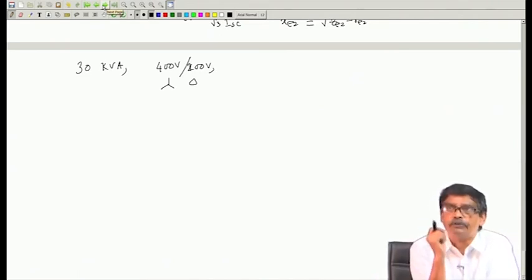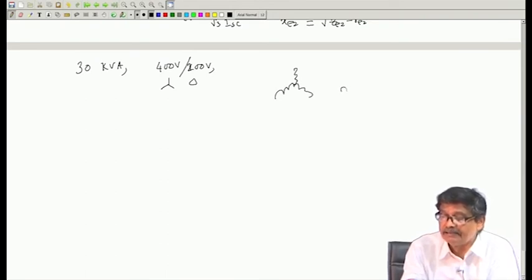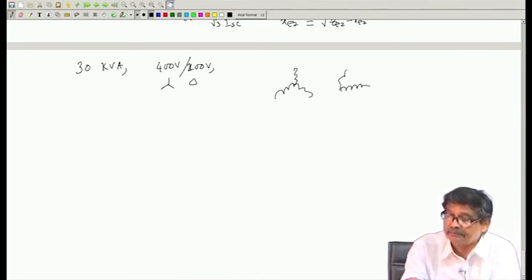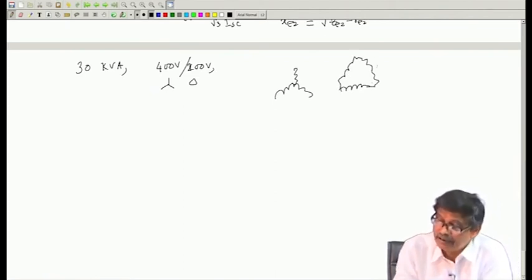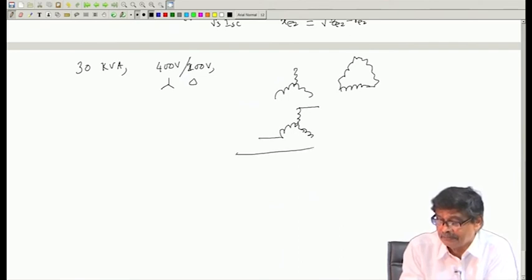Listen to me carefully what I am telling. See, the transformer is now star and this side is delta. I can always imagine that, so far as measurement is concerned, it does not matter.